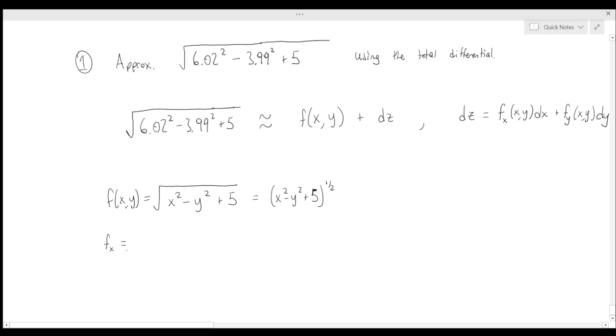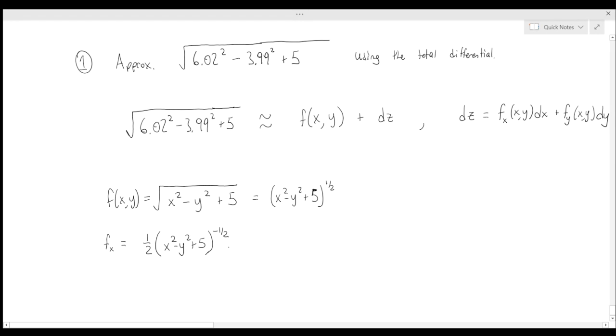So when I'm doing the derivative with respect to x, there's going to be a chain rule involved. First things first, we're going to do the power rule, which for derivatives is to bring the exponent out front and then decrease the exponent by 1. So 1/2 minus 1 is going to be negative 1/2.